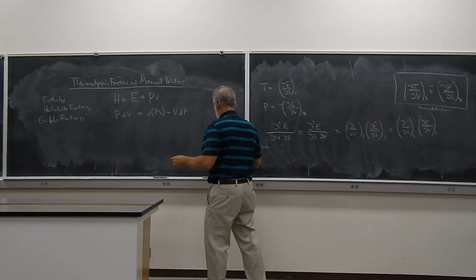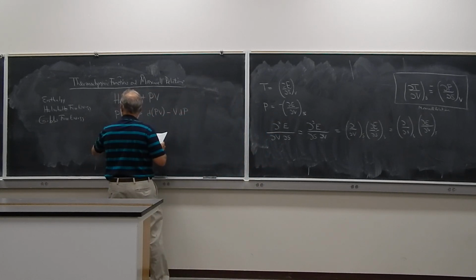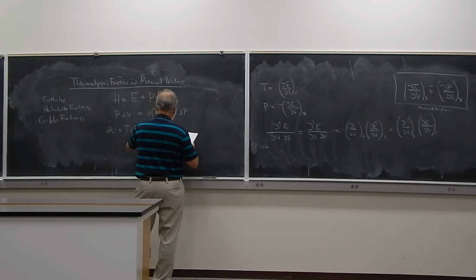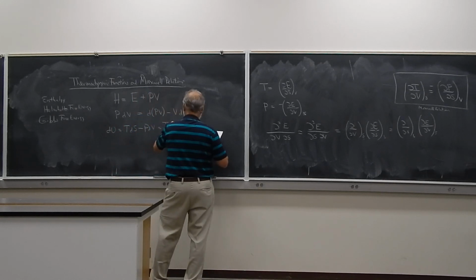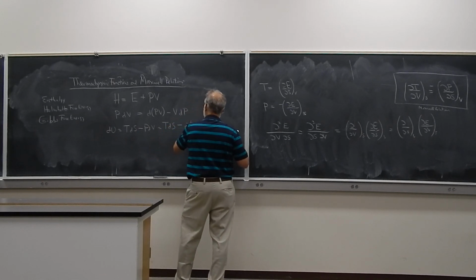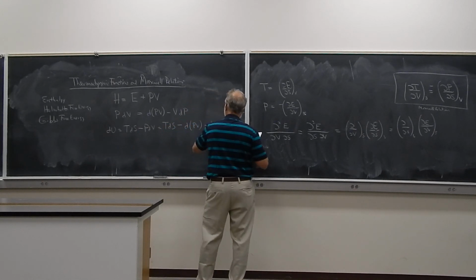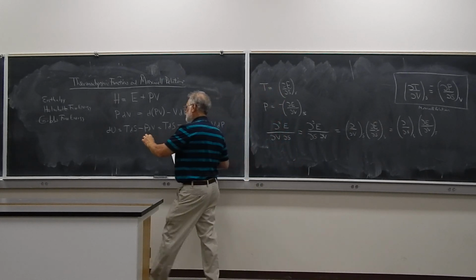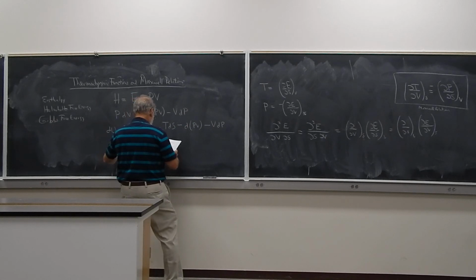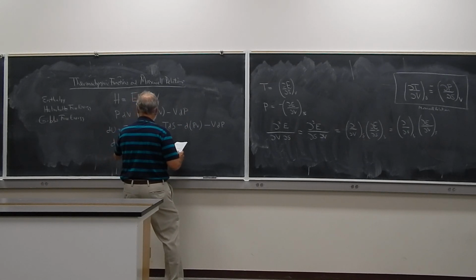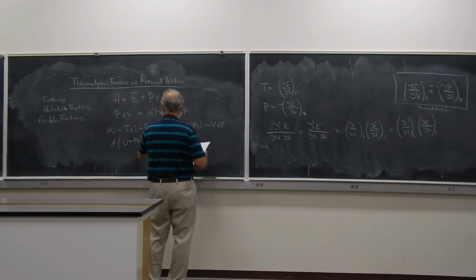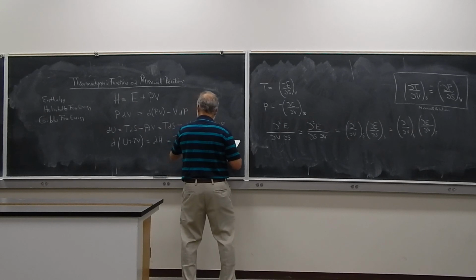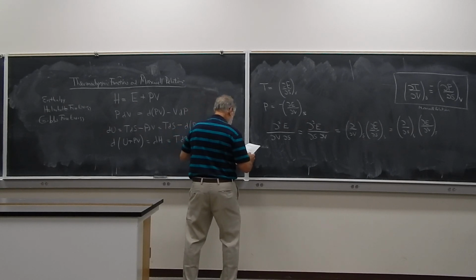So if we return to the first law expression again, we get dE is equal to T dS minus P dV, which is T dS minus d(PV) plus V dP. If I combine terms, I can get d of (E plus PV), which is of course dH, is equal to T dS plus V dP.